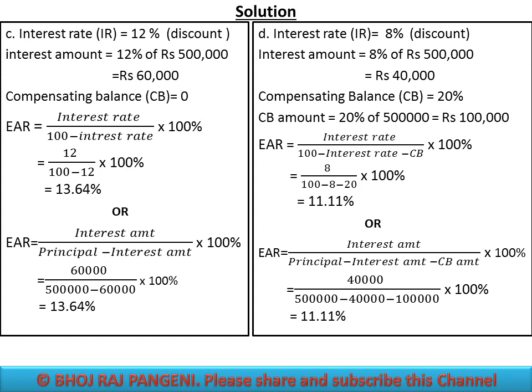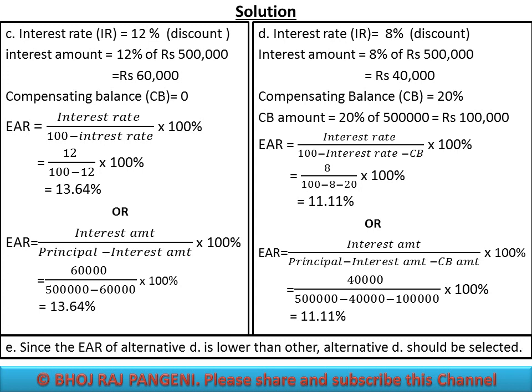Alternative D should be selected because all these are the cost of fund, so the lower the cost, the better for the corporation. Since the EAR, effective annual rate, of alternative D is lower than the others, alternative D should be selected. This is our decision.